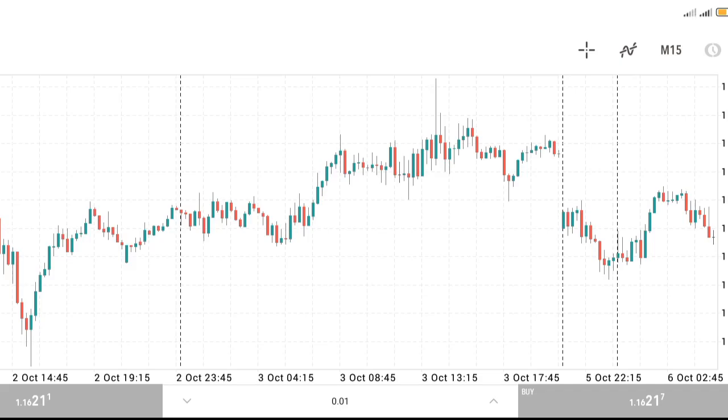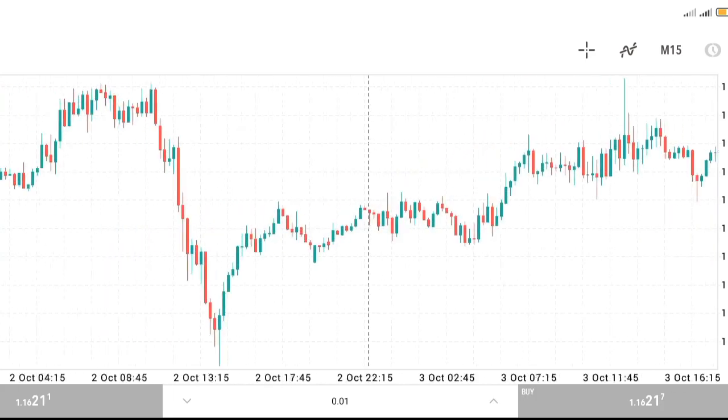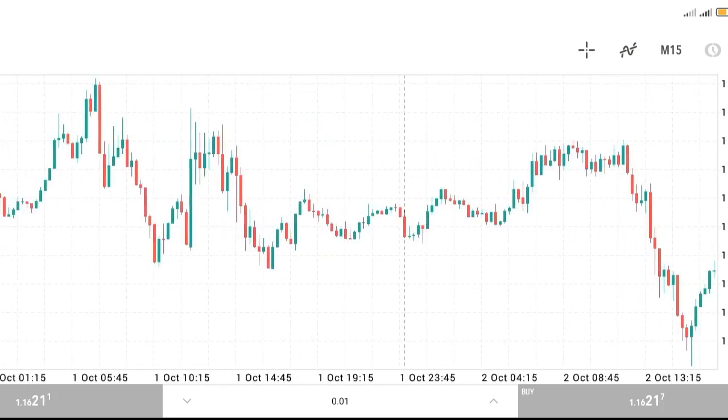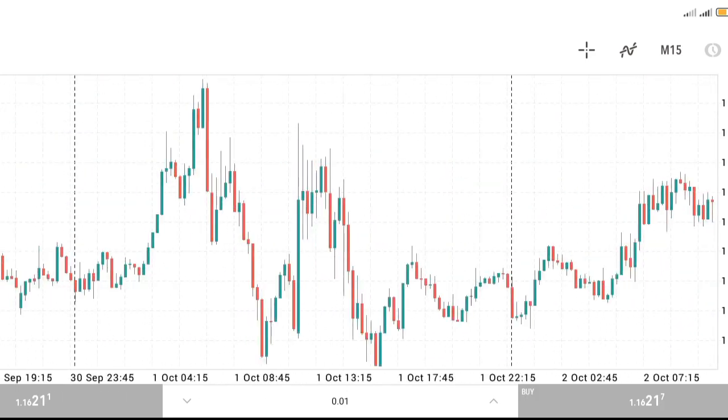Now, let's quickly move on to the definitions. First of all, I want to define what support and resistance is before demand and supply. Support is a price level where a downtrend tends to pause, stop, or reverse.